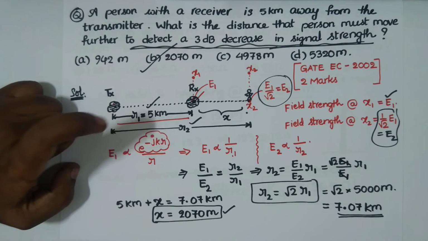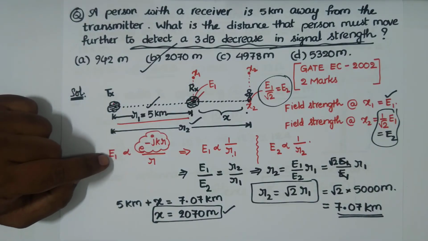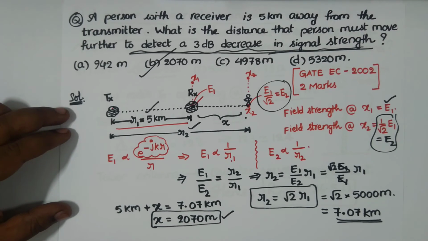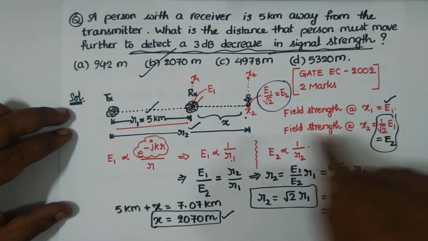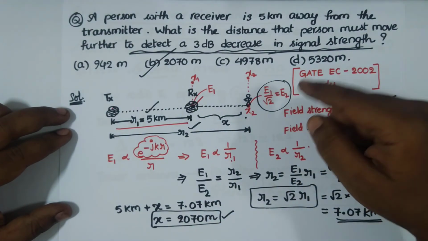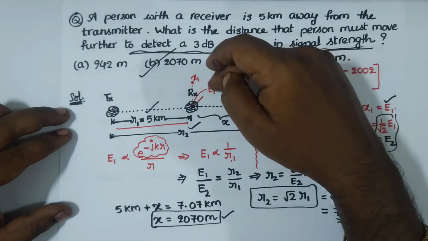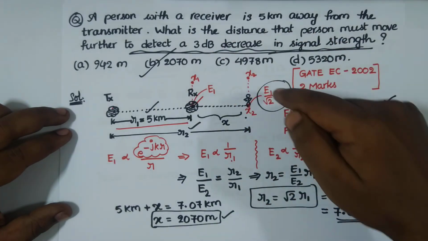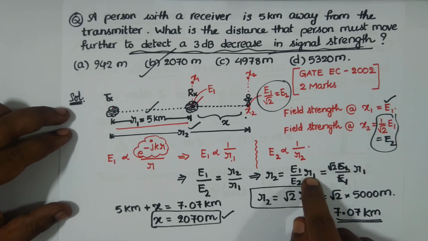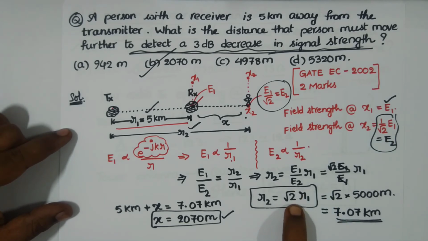We can omit that and take E1 proportional to 1 over r1, and E2 proportional to 1 over r2. Since we have E1 as E1 and E2 as E1 over root 2, if I take the ratio, I can cancel out the E1s and have something in the form of R along with this constant.